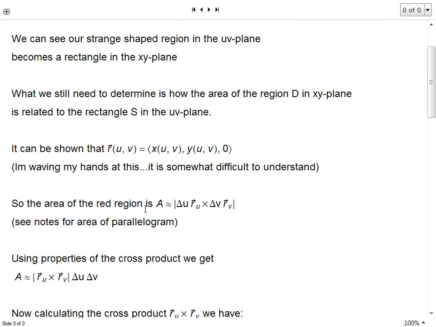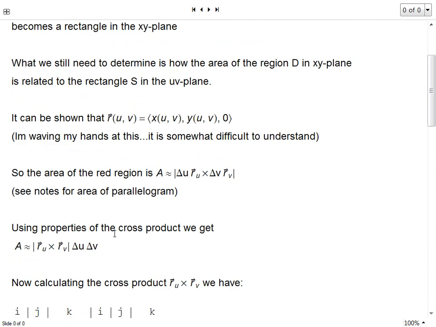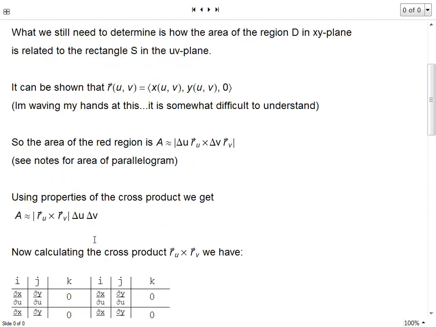That if you have two vectors, then the area of the parallelogram formed by those vectors is the magnitude of the cross product of the vectors. Yes? So see notes on parallelogram. This is the property I'm using.